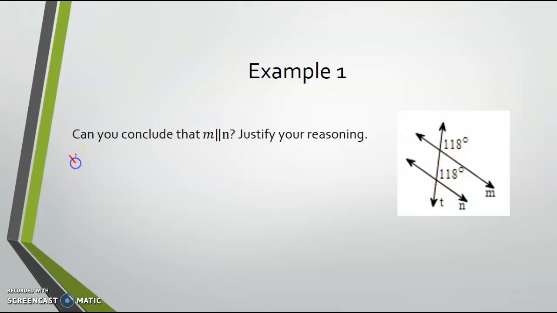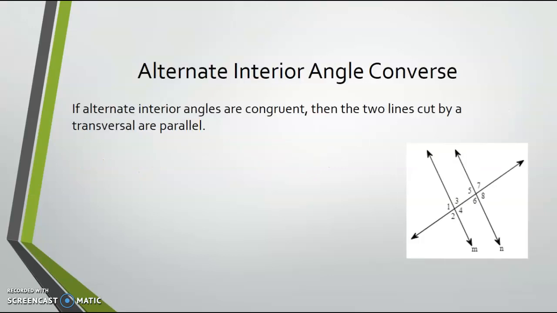So the answer is yes, we can conclude that M is parallel to N. My justification is because corresponding angles are congruent. And remember, that's the symbol for congruency. Because both angles are 118, I can say that line M is parallel to line N. It's as simple as that, really.